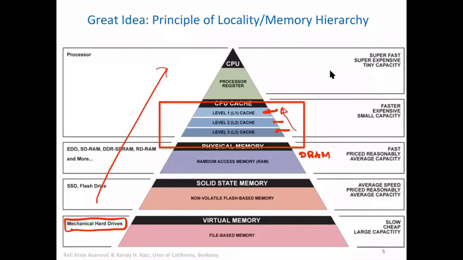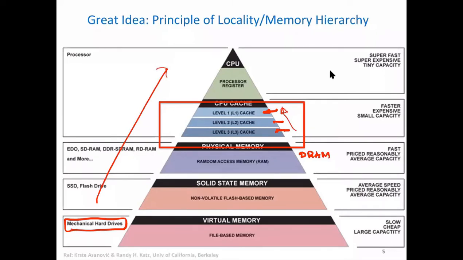The whole idea is that it should give the illusion of the fastest possible memory available to the CPU and largest in size. Because if you look at it, the level 1 cache is very small in size, and that's not sufficient to run the whole program, right? So while the whole program and other data items can be anywhere in the hierarchy, whatever is required is available in L1 cache.